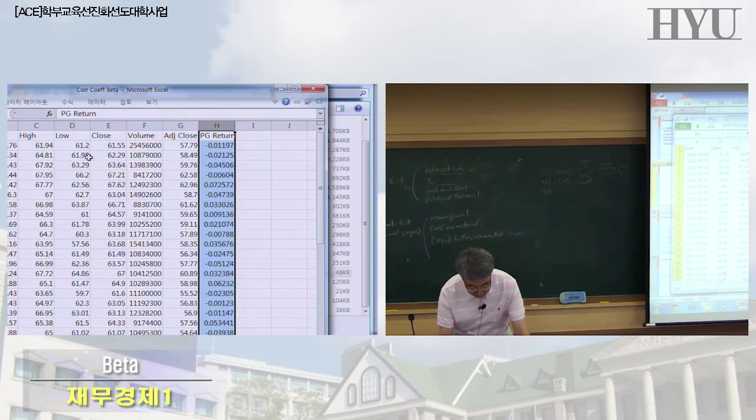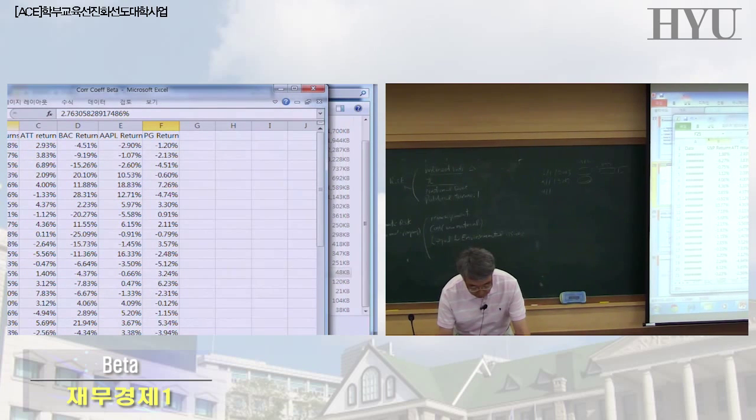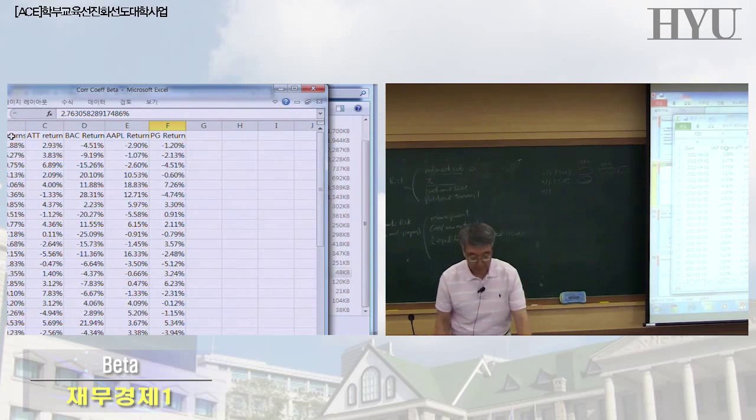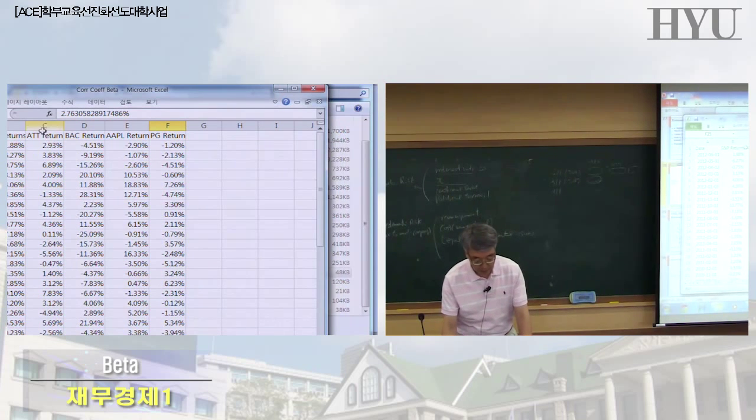So based on the adjusted close price, I calculated monthly return, and I put all 4 companies on one sheet. So I have S&P return, AT&T, BAC, Apple, and PG returns on these columns.